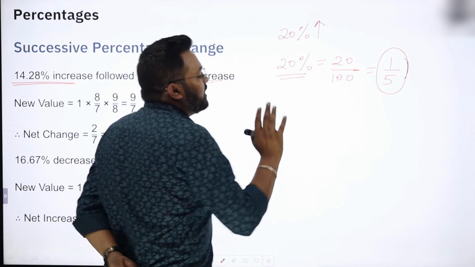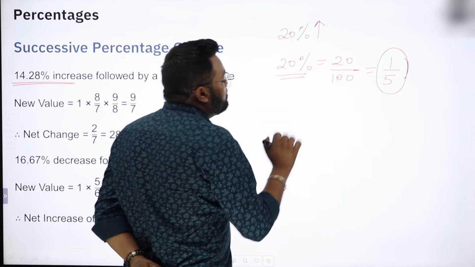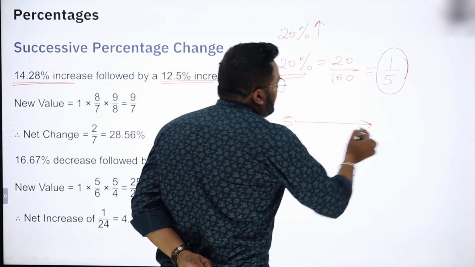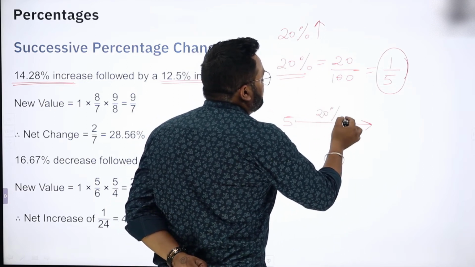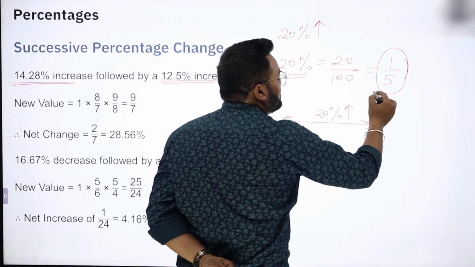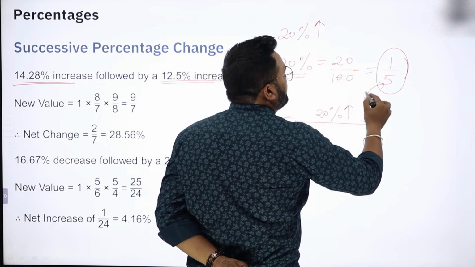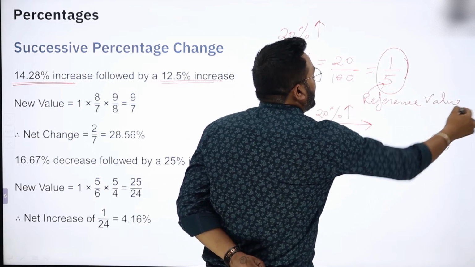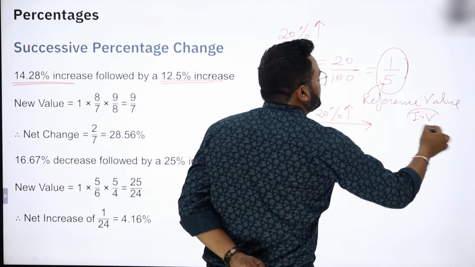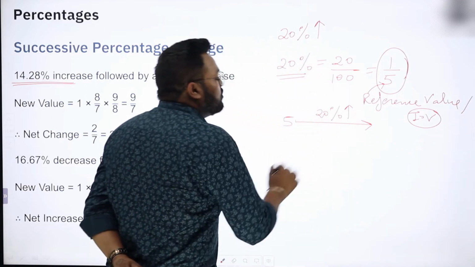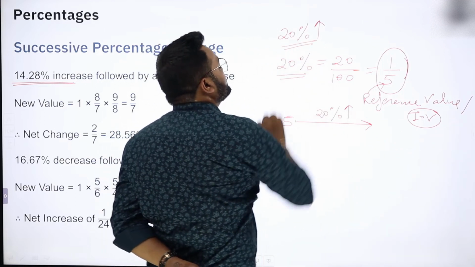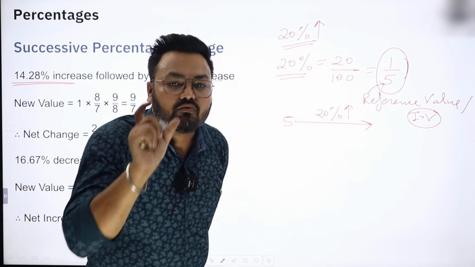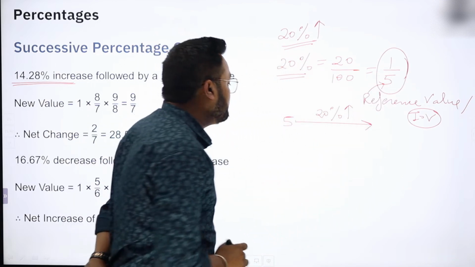Now let us see, if there is a number 5 and I have to increase it by 20%, because in any fraction the denominator represents the reference value, or I would say the initial value. So when I am increasing by this 20%, it applies to this value 5, that is the denominator.